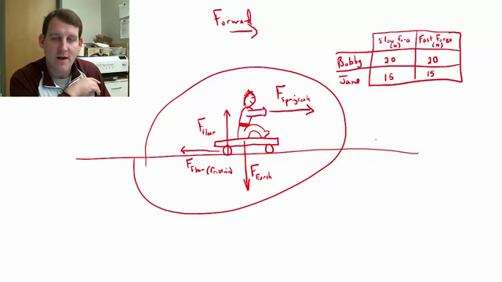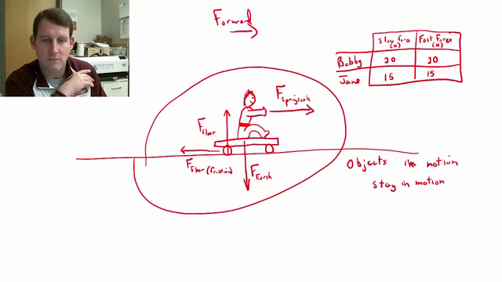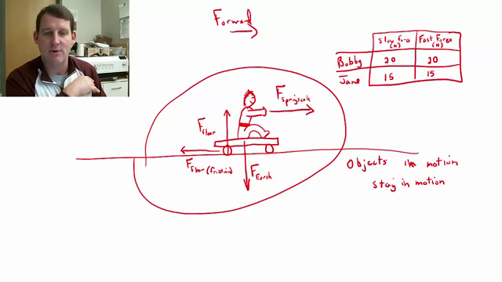And we know that if objects aren't experiencing any forces, when there's no outside forces, objects in motion stay in motion. So by pulling forward as hard as friction pulls backwards, you're basically canceling out the friction with your forward force. It's as if there are no forces and objects in motion just stay in motion.